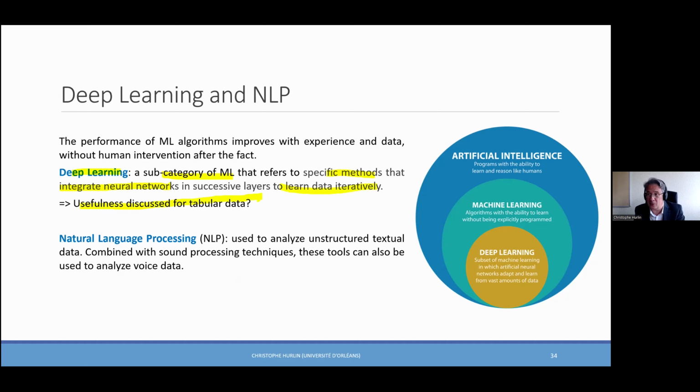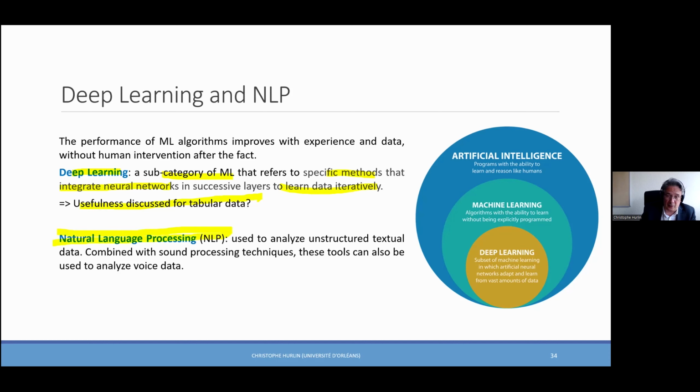There is no doubt that deep learning is particularly useful for textual data, for images, for video, etc. But for tabular data, for an Excel file, most of the time there is no accuracy or precision gain, for instance in R-square, compared to ensemble methods. That's why I consider that it's not the main topic of this training.